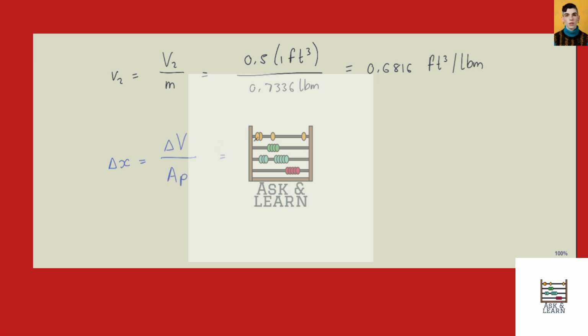So this is equal to the change in volume, delta V, over the circular face of the piston, which is pi r squared, or pi d squared over 4. So that's a half pi r squared, or pi d squared over 4.